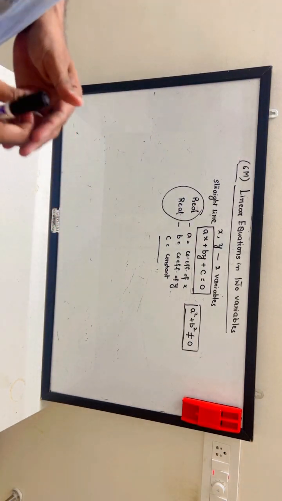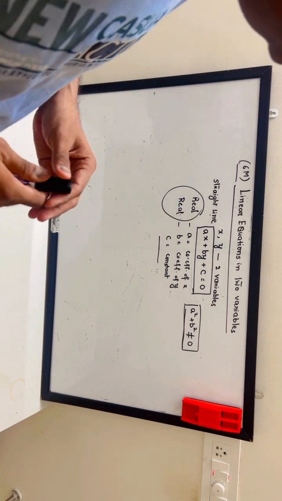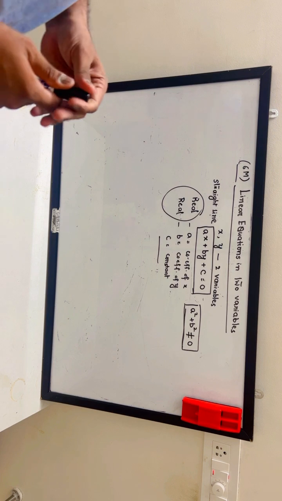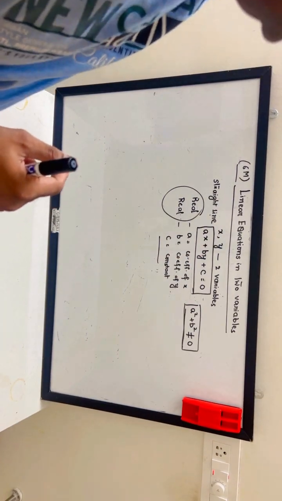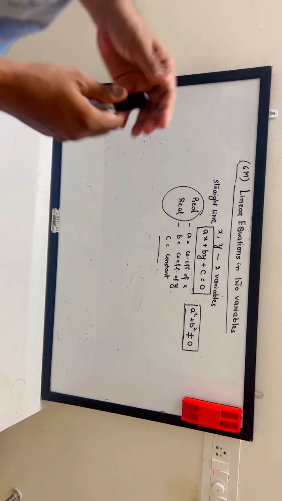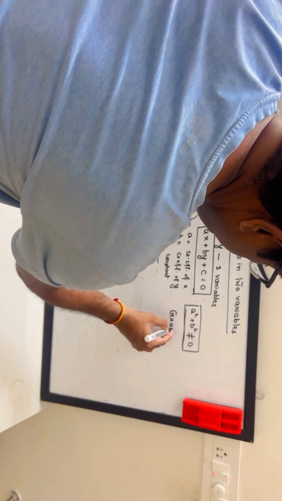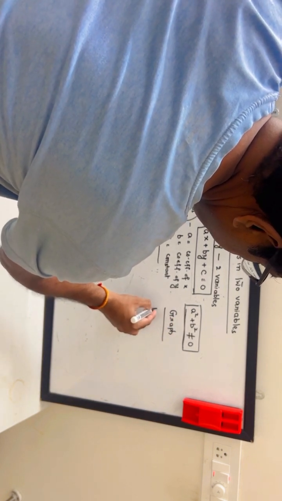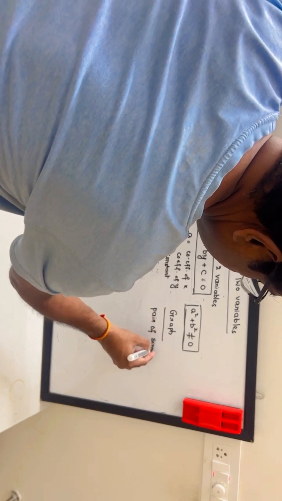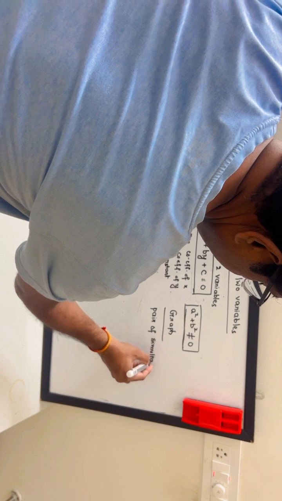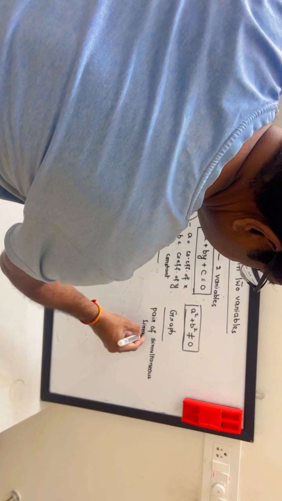Now, you might have already studied in 9th standard drawing a graph, a linear graph. The equation is given to you, and when you draw it, it becomes a straight line. Now, suppose there is a pair of simultaneous linear equations.